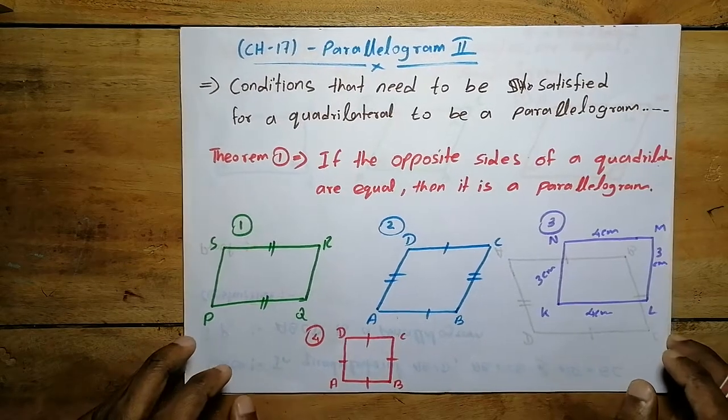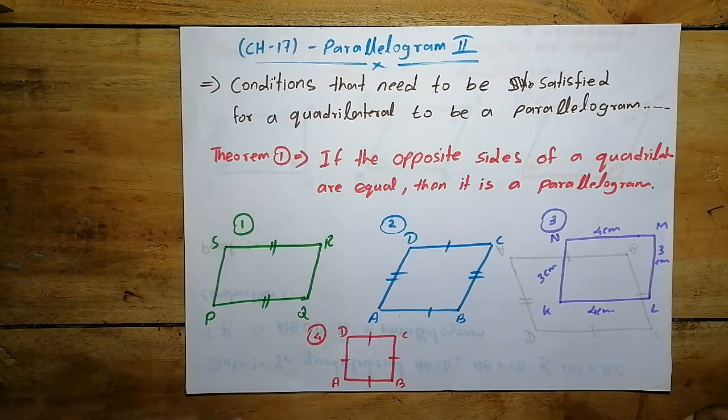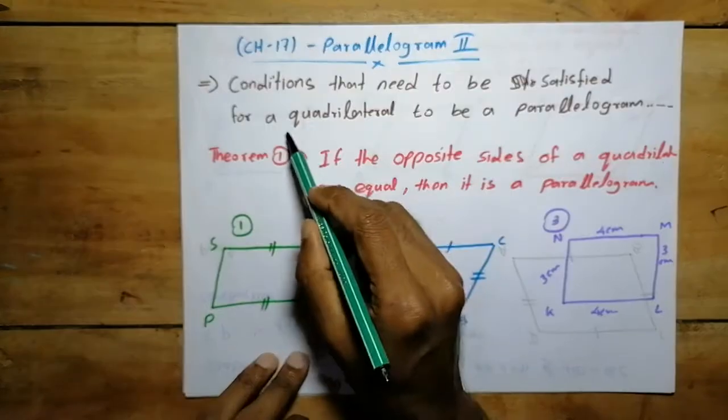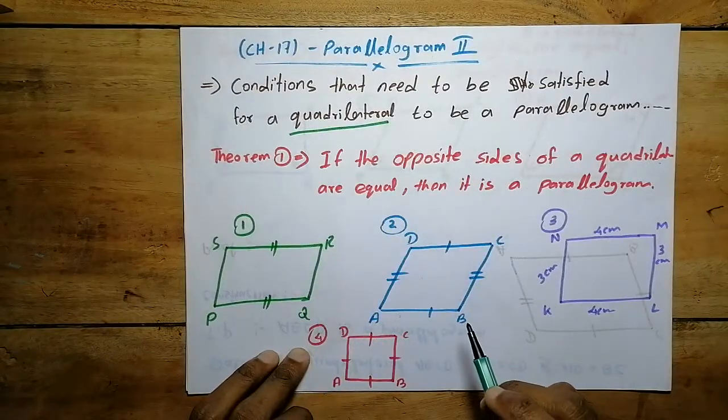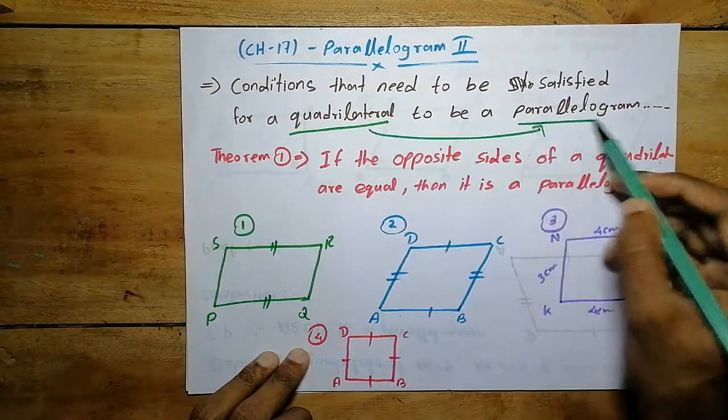So parallelogram 2 is basically where you are going to prove a given quadrilateral. If a quadrilateral is given, with the data we are going to prove how the quadrilateral becomes a parallelogram.